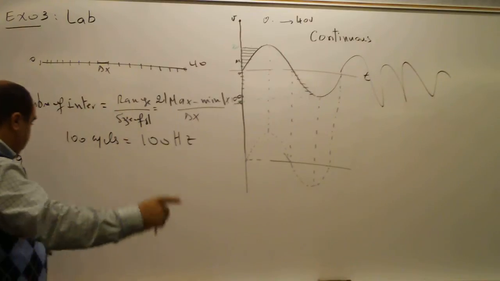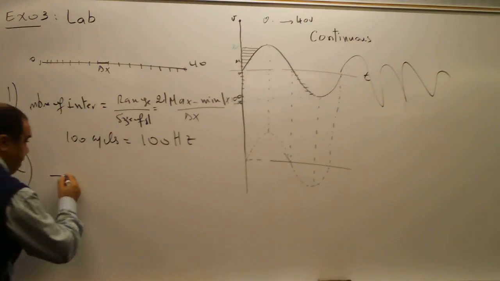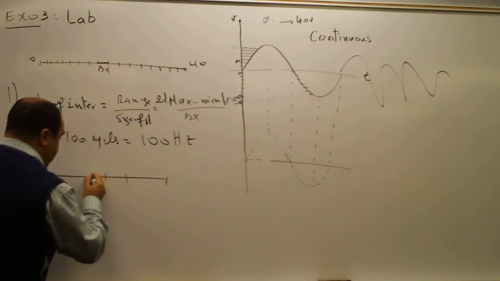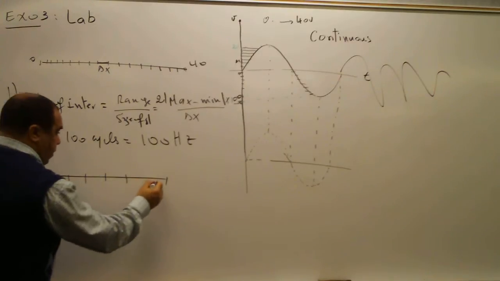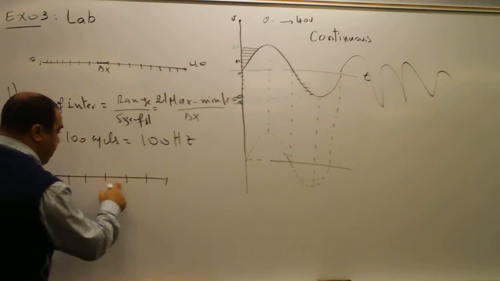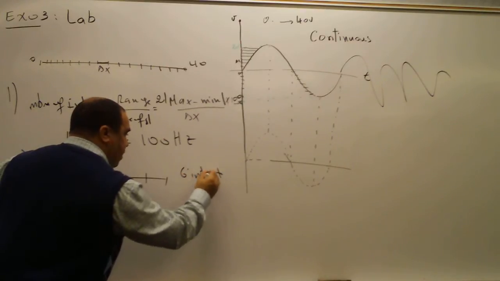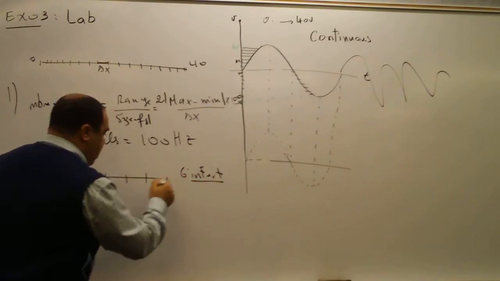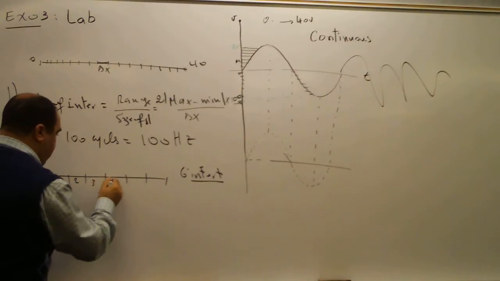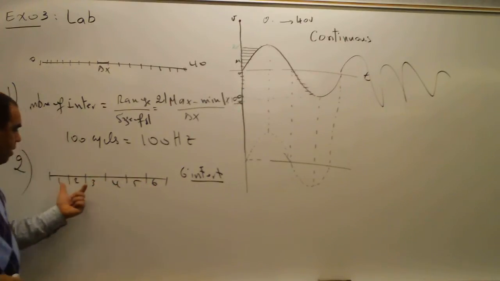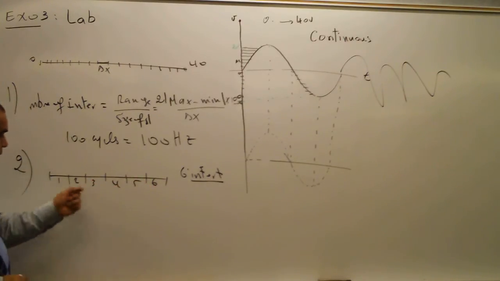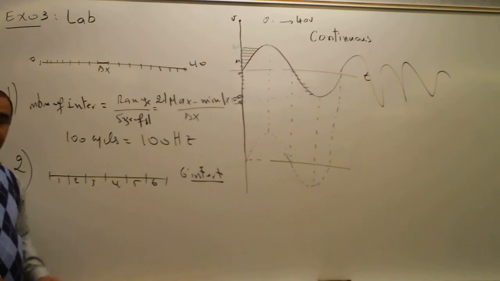Something else. Here is the second hint. If I have 1, 2, 3, 4, 5, 6 intervals. Okay, 6 intervals. 1, 2, 3, 4, 5, 6 intervals. Ranges, steps. How many points do I have?